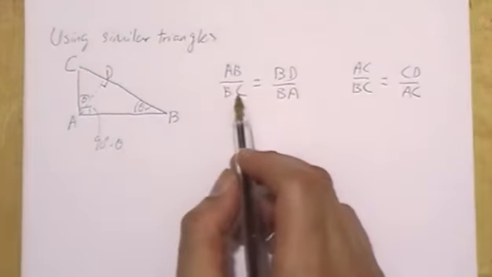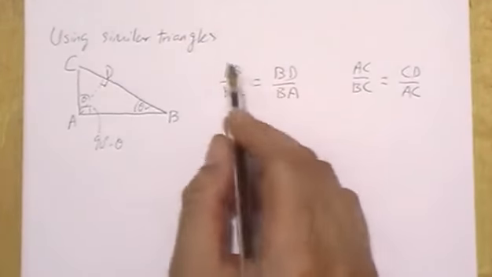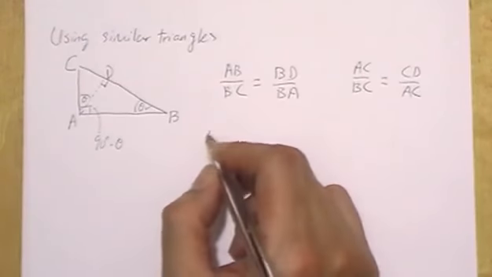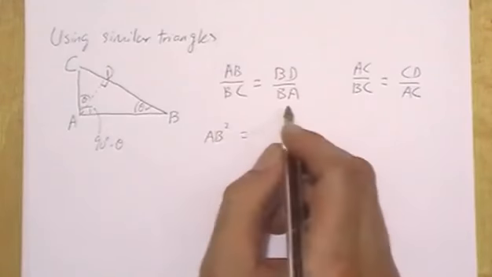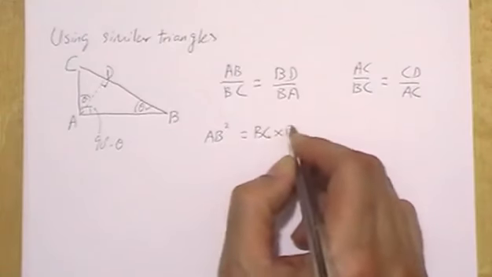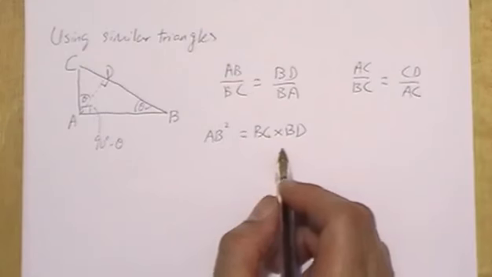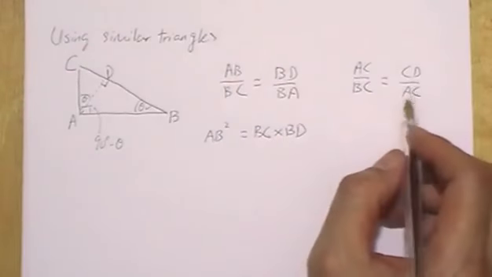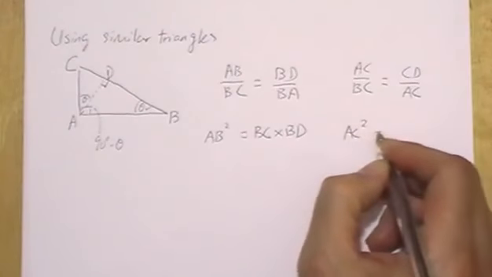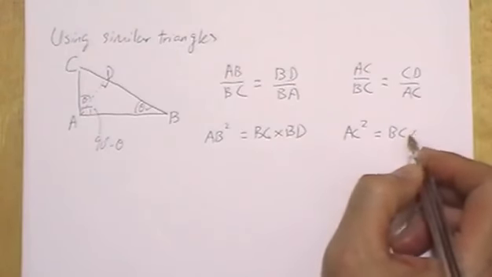Now, let's rearrange this. AB and BA are the same. So cross multiply to give AB squared on one side and BC times BD on the other side. Similarly, let's do the cross multiplying here to get AC squared equals BC times CD.